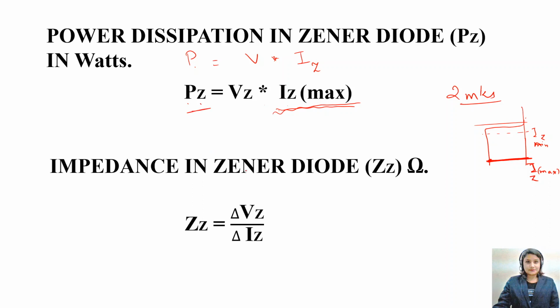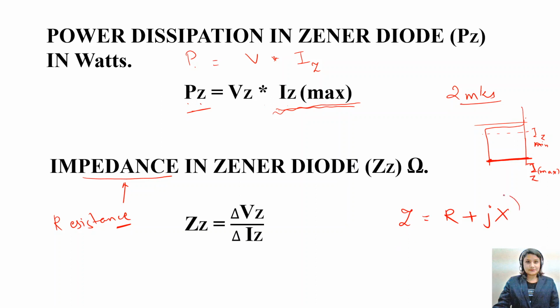And impedance in a Zener diode. Impedance is very much similar to resistance. If I take resistance in complex form, resistance plus reactance together gives me the impedance.